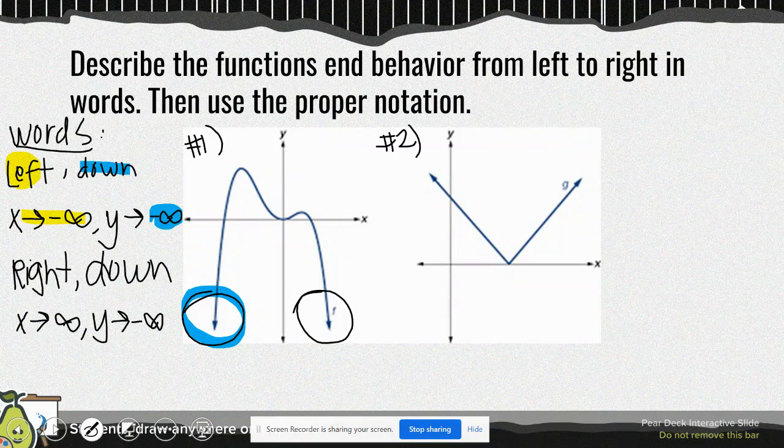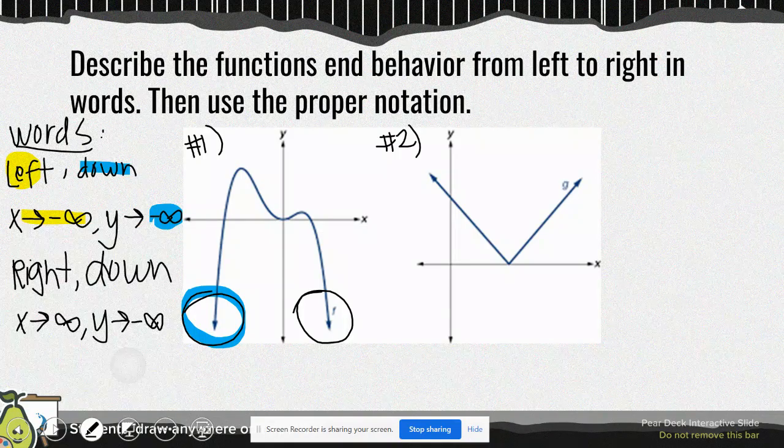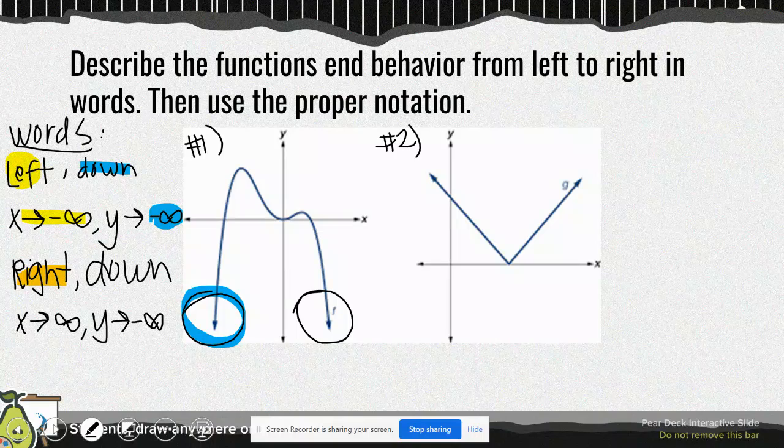And again, on the right just means that as x approaches positive infinity, right? That's this side of the graph. I want to know where my function is headed, and it's pointing down towards negative infinity.